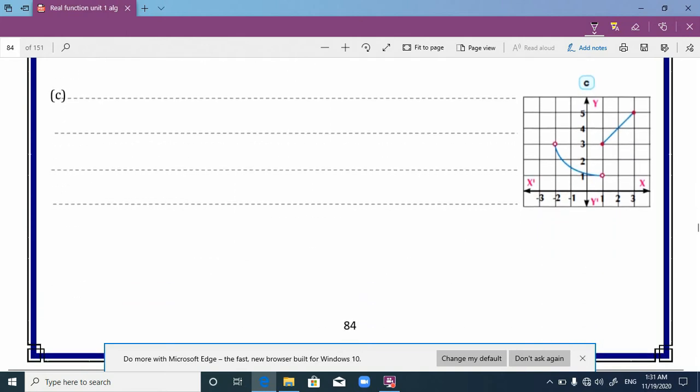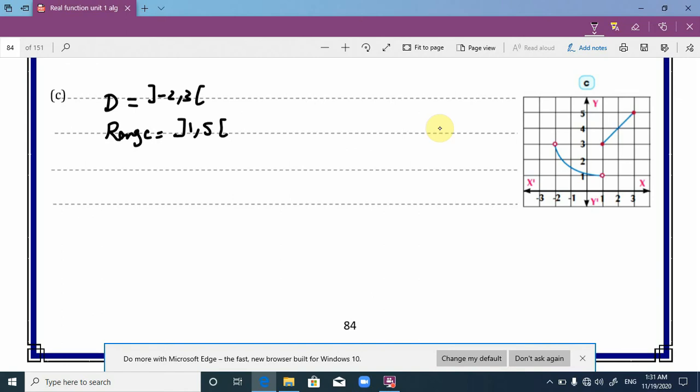C. The domain of this function, from the x-axis: the smallest value is -2 and the biggest is 3, but from -2 open to 3 closed. The range, from the least value of y to the greatest value of y, is 1 open to 5 closed.